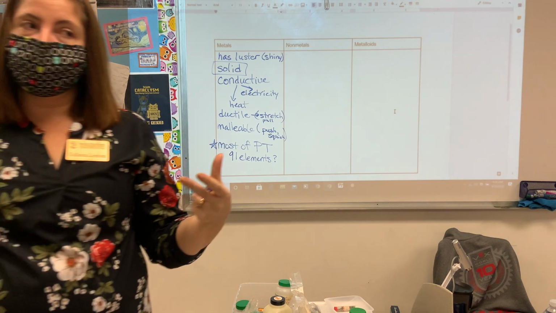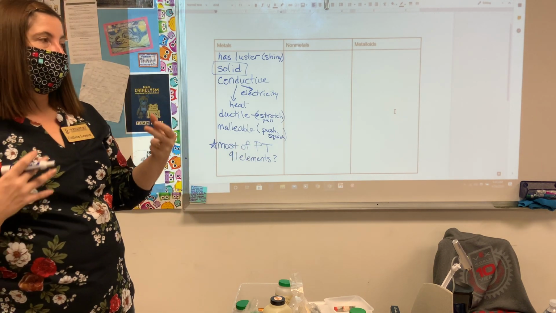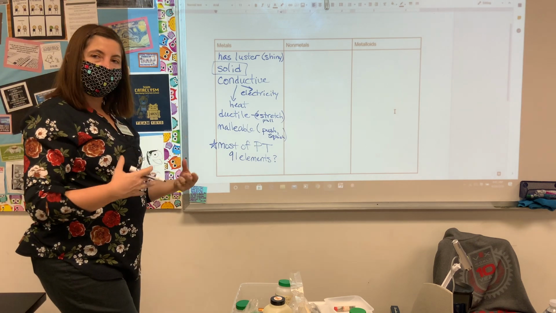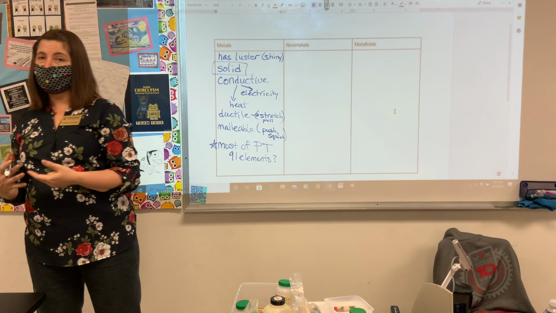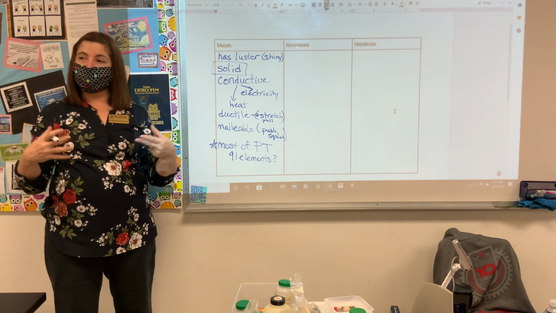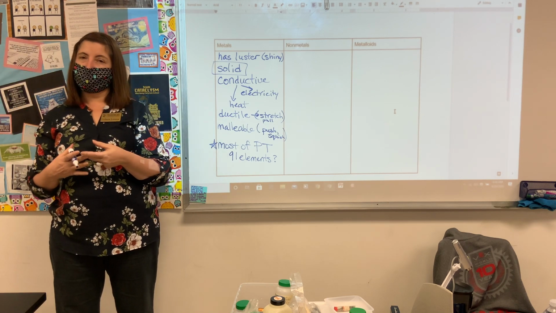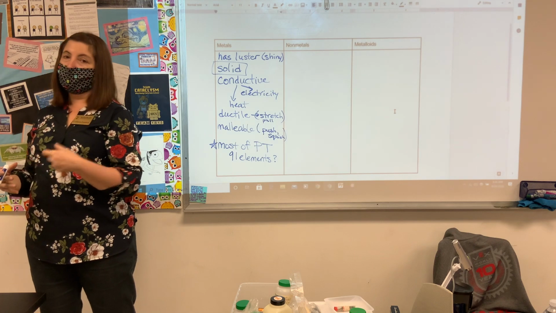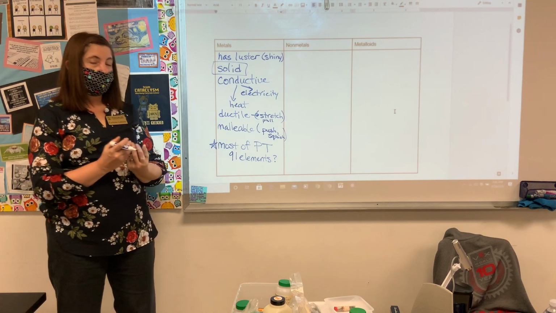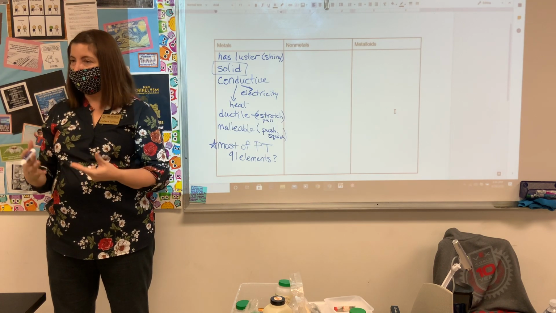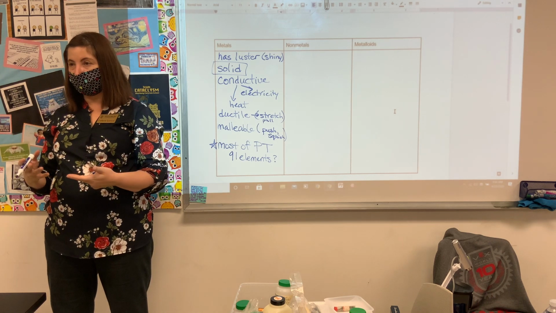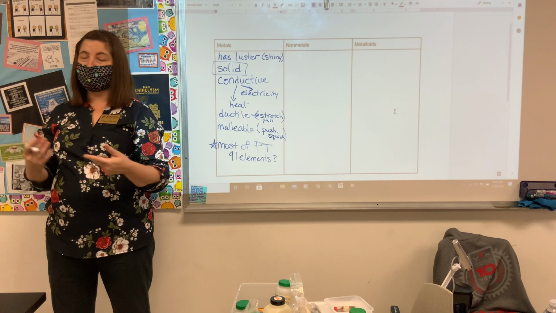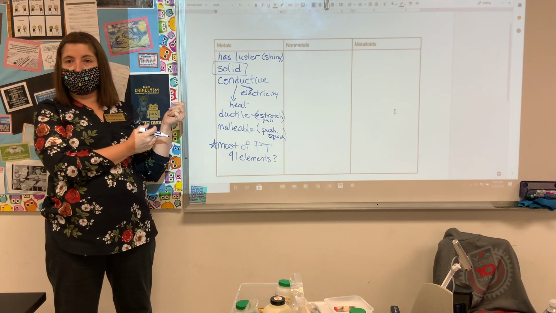So 2 or more elements can combine. There are ways that those things combine, and it depends on if we're talking 2 metals, or 2 nonmetals, or a metal and a nonmetal. They all react differently, but it's going to follow similar patterns depending on the types of things that are interacting with one another.